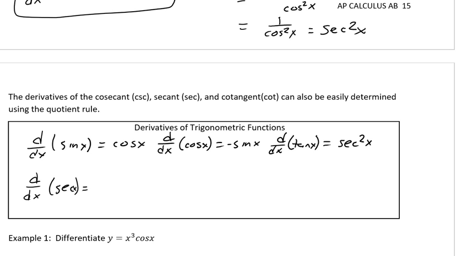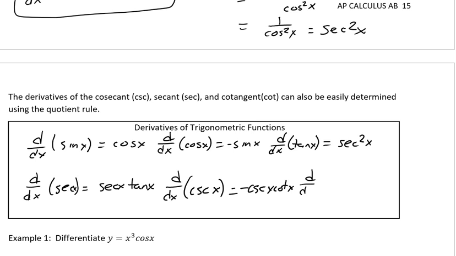Again, we're not going to go through the proof of that, but the derivative of the cosecant is the negative cosecant cotangent, and the derivative of the cotangent is the negative cosecant squared. So you need to know those and have those memorized. You will not be asked to recreate the proofs, so you just need to know the various derivatives.